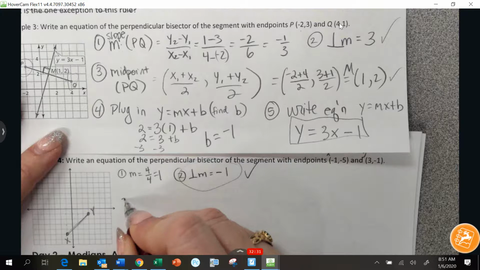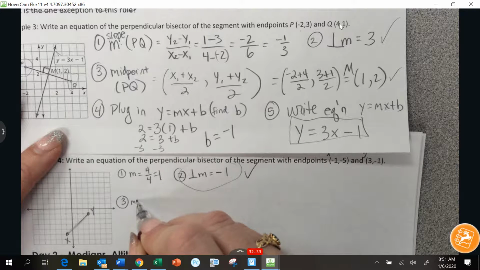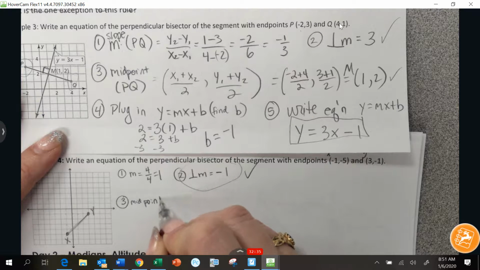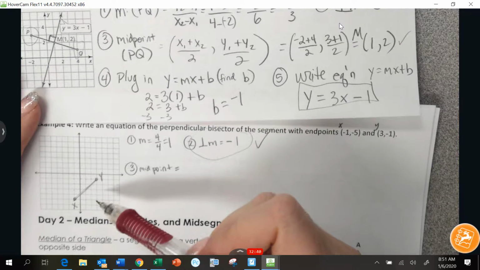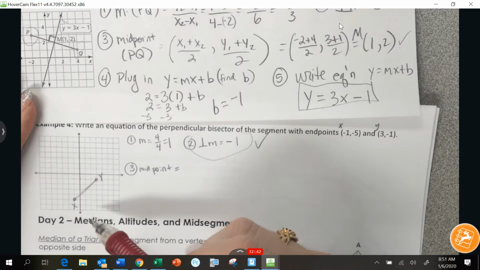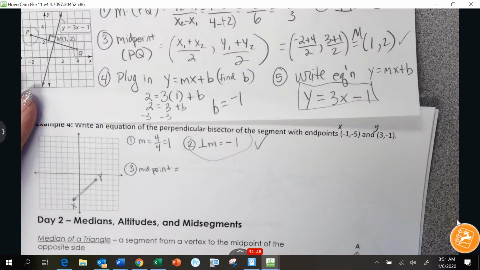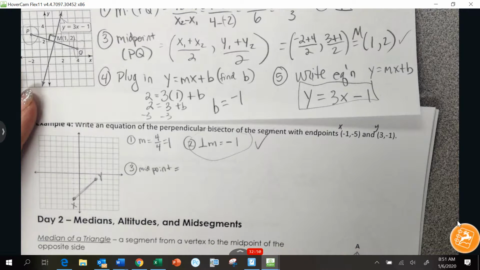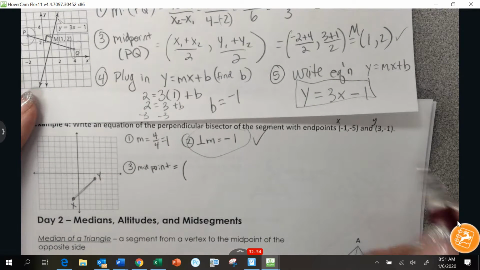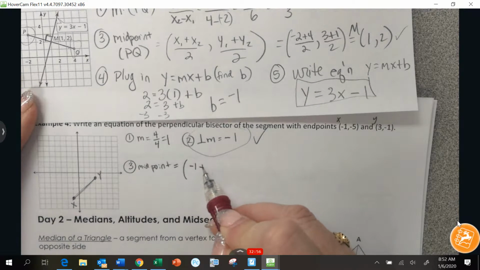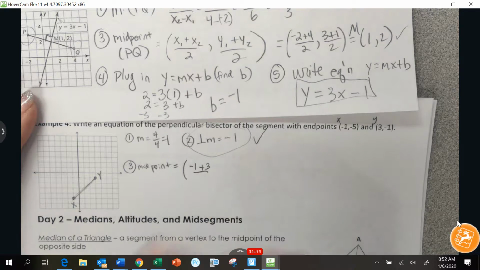Step 3, we need the midpoint. If you're doing this on the graph, you might be able to figure out the midpoint really easily. Can you guys see it on the graph? If not, then do it algebraically. I know what it is because I can see it, but not everybody has my keen sense of eyesight.